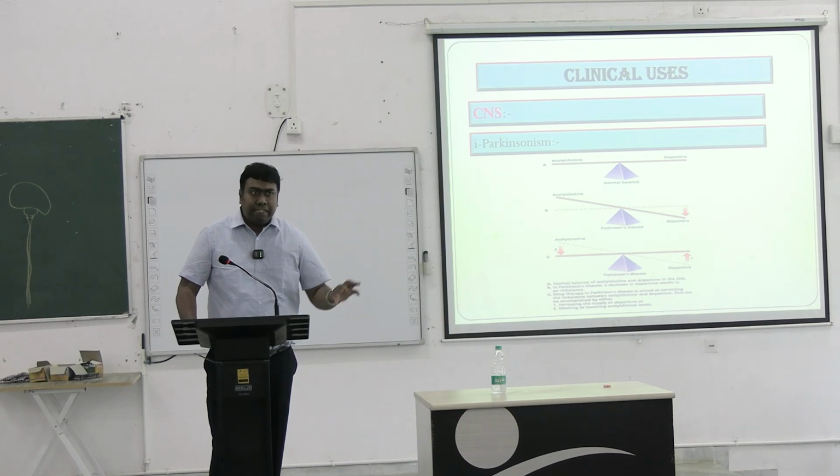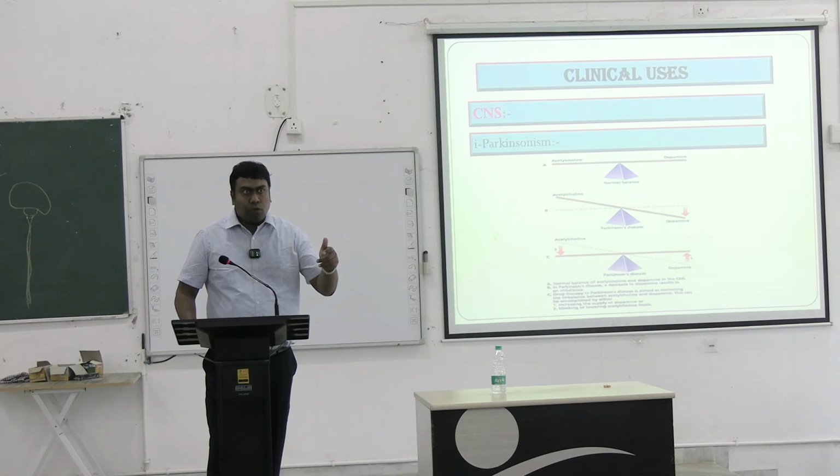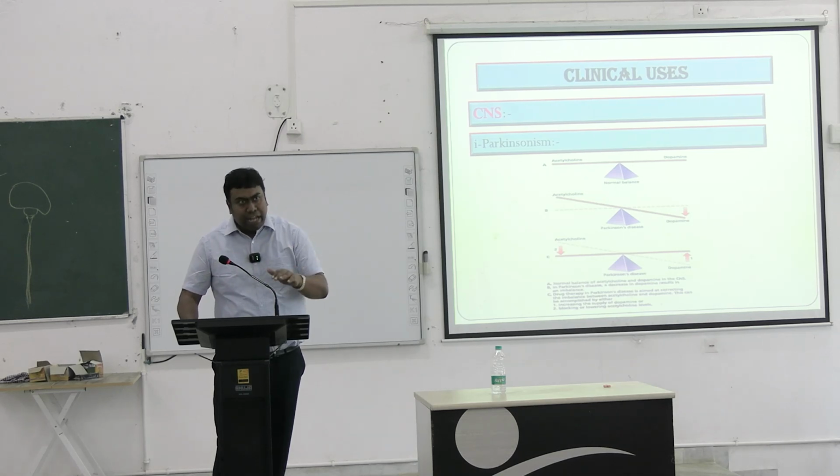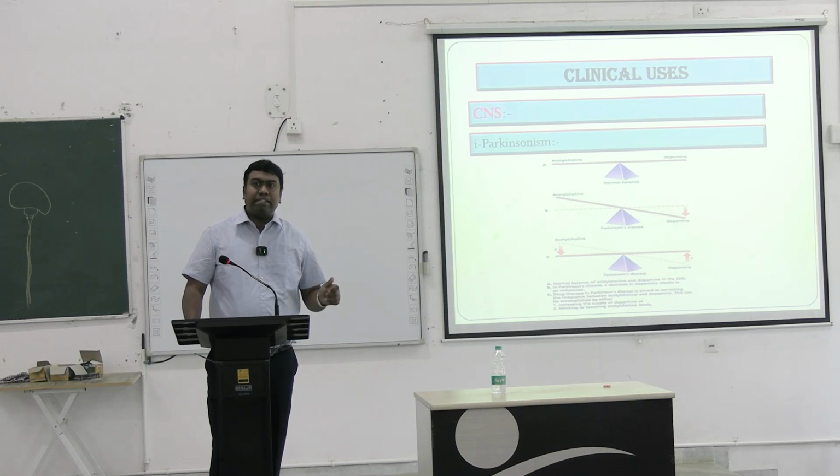There is a disbalance between acetylcholine and dopamine. কোনটা কমে যায় কোনটা বাড়ে? ডোপামিন কমে যায়, অ্যাসিটাইলকোলিন বাড়ে। So a drug which increases dopamine concentration or decreases acetylcholine effect in the basal ganglia is effective in Parkinson's disease.